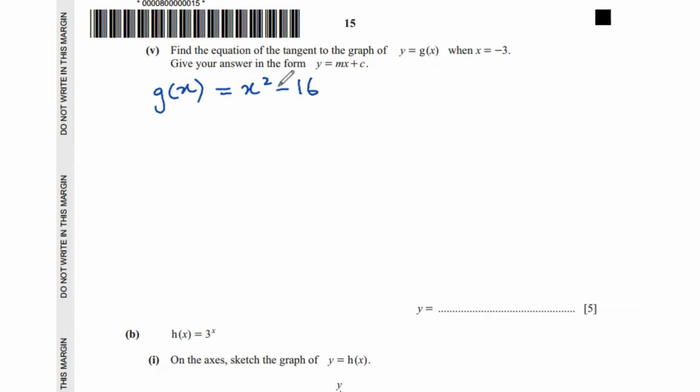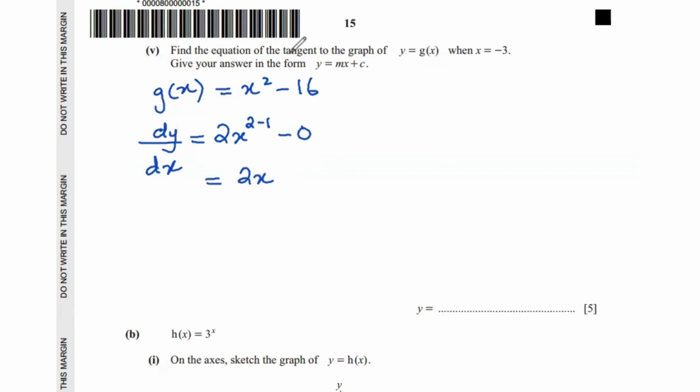So to find the gradient of this curve, we will differentiate this. So dy over dx. In differentiation, the power of the variable comes down, and then you subtract 1 from the power. Derivative of a constant is always 0. So we have 2x over here.